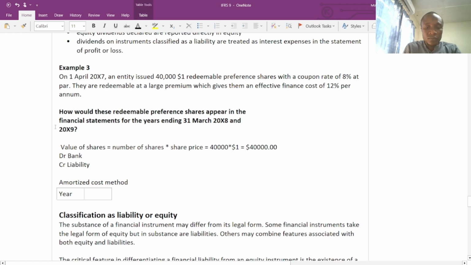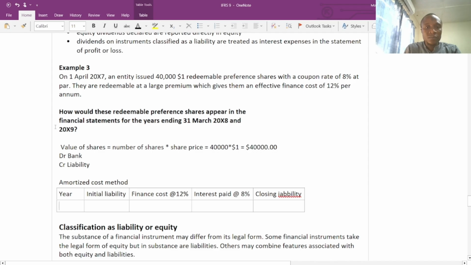We have here the initial liability, the finance cost at 12% given in the question, the interest paid at 8%, and the closing liability. So basically, year one, we're just going to do it for a single year, 31st March 20x8.